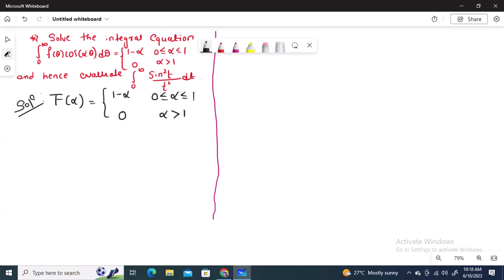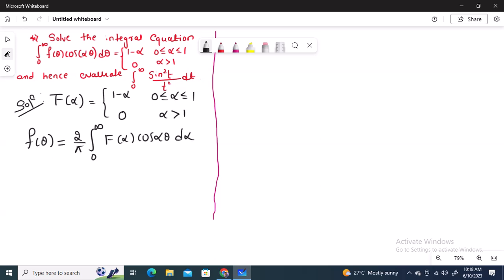Now, on comparison, I'll just write the f of theta formula. What is f of theta? That is 2 by pi integral 0 to infinity f of alpha cos alpha theta into d alpha.